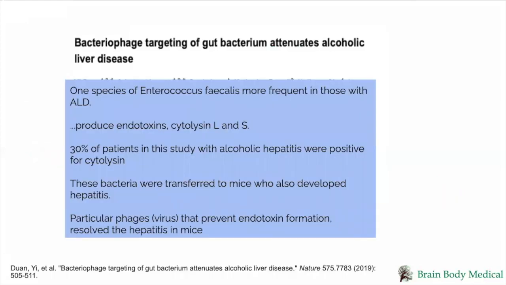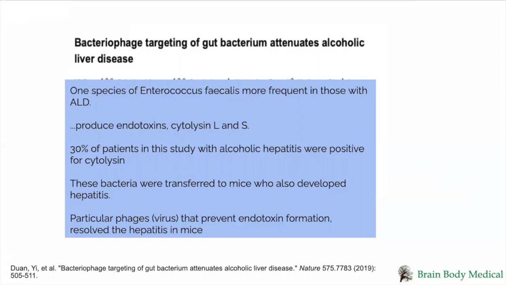This is also a very interesting study. This was done recently. What they found is that in folks with alcoholic liver disease, they had one species of Enterococcus faecalis that was more frequent than any other kind of bacteria. And this particular kind of Enterococcus produced endotoxins called cytolysin L and S. And about 30% of patients in this study were also positive for cytolysin.